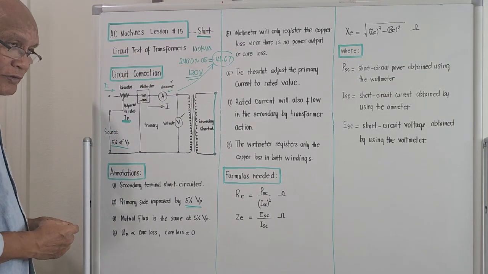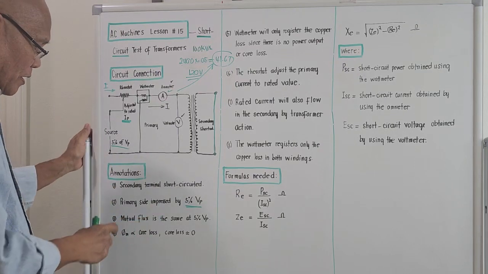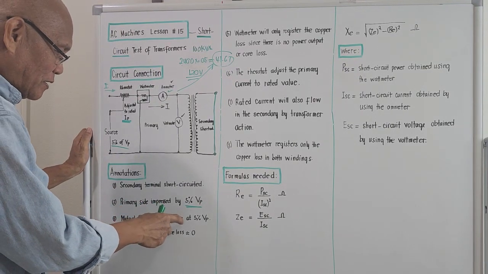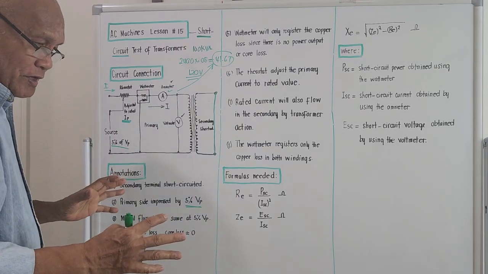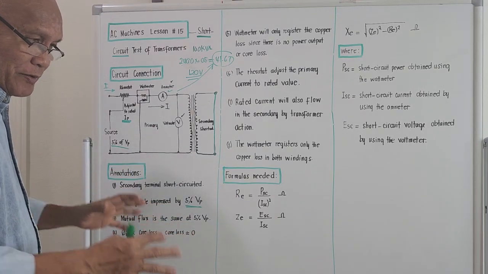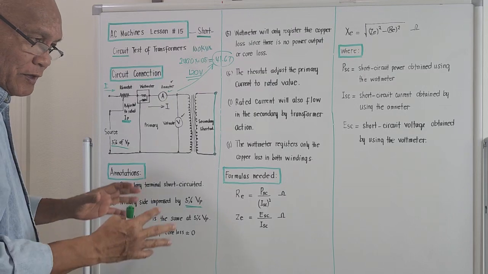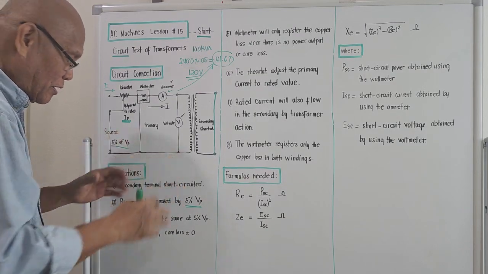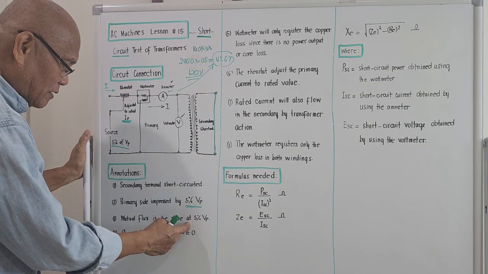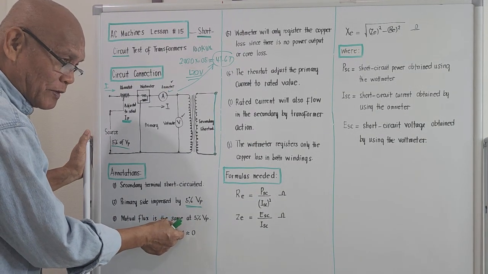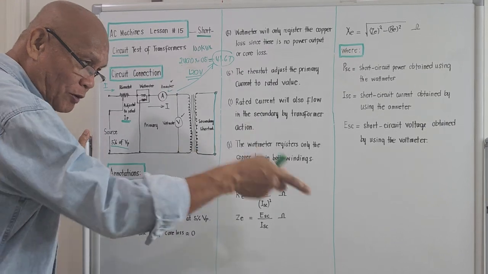Number 3, this is just storytelling now. The mutual flux is the same at 5% BP. This has been shown by experiments by engineers: if they perform the short circuit test, the mutual flux at 5% is actually the same as at full load.